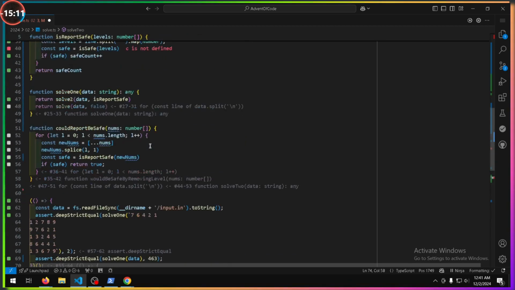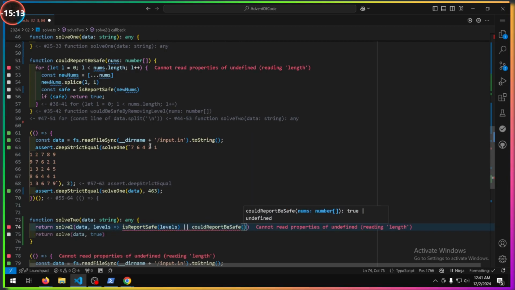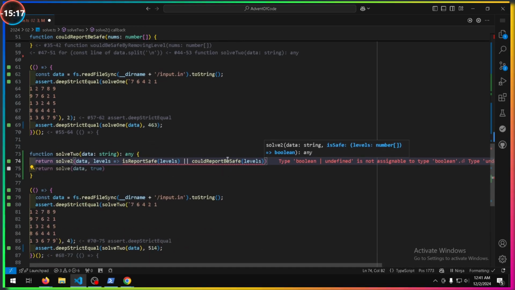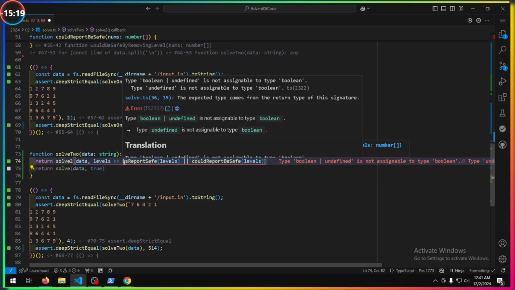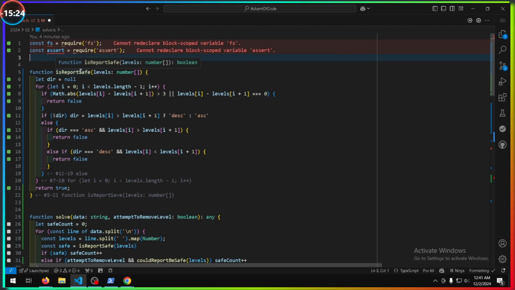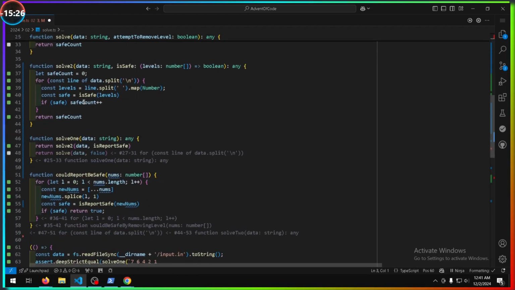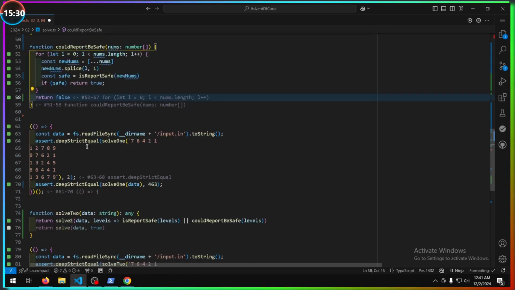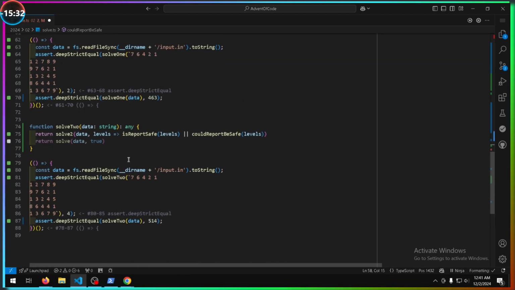Where'd it go? Could report be safe levels. Okay, we don't like, which one of you are returning undefined? Who has done this to me? Oh, you never return a false at the end here. There you go. Thanks, TypeScript. With a natural error.